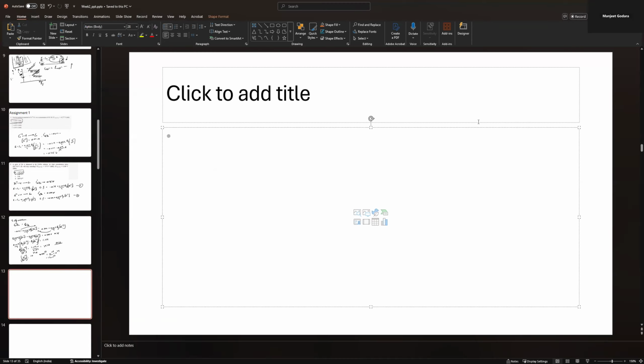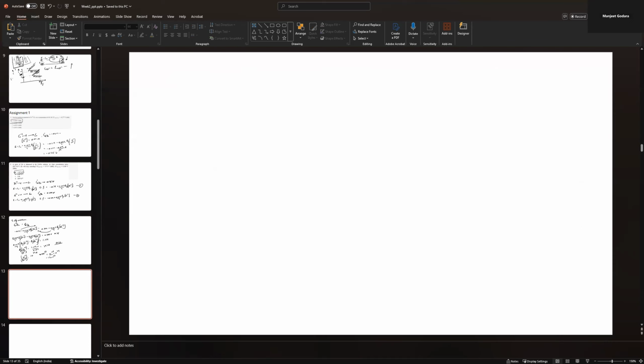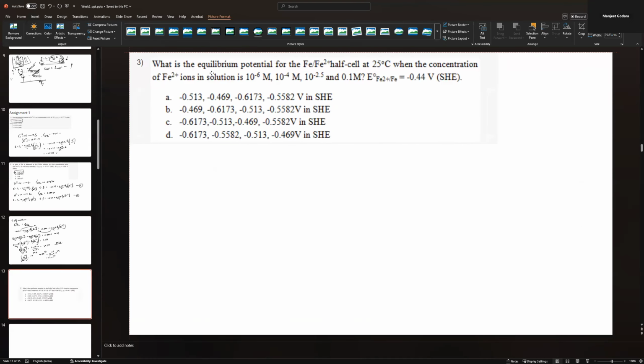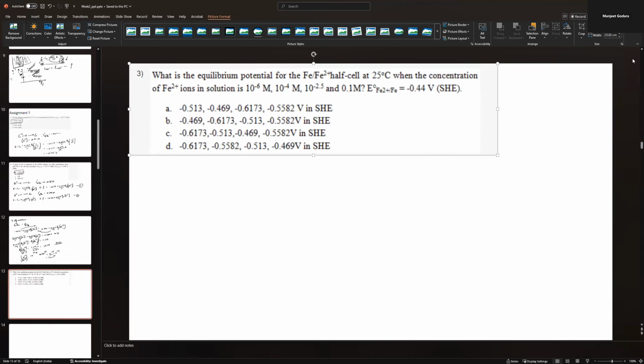Next is question 3. What is the equilibrium potential for Fe, Fe2+ oxidation cell at 25 degrees Celsius when the concentration of Fe2+ ion in the solution is 10 to power minus 6 moles, or 10 to power minus 4.4 moles, or 10 to power minus 2.5, or 0.1 moles.